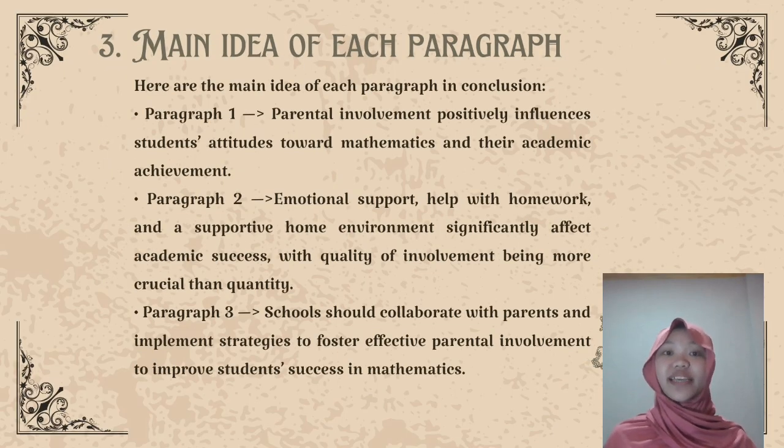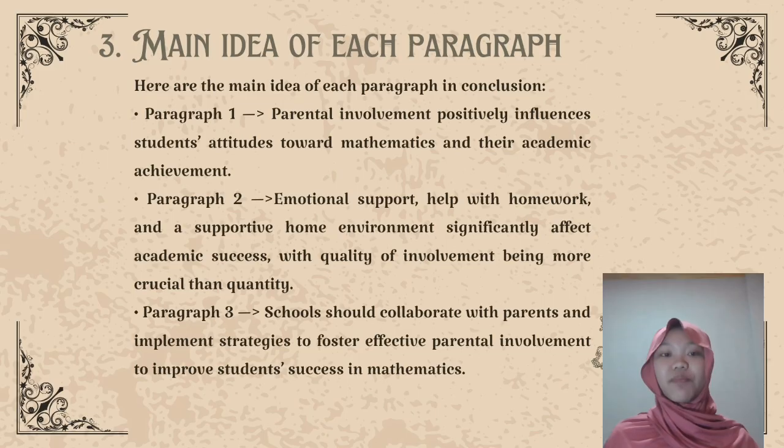3. Main idea of each paragraph. Here are the main ideas of each paragraph in the conclusion. For paragraph 1, the main idea is parental involvement positively influences students' attitudes toward mathematics and their academic achievement.